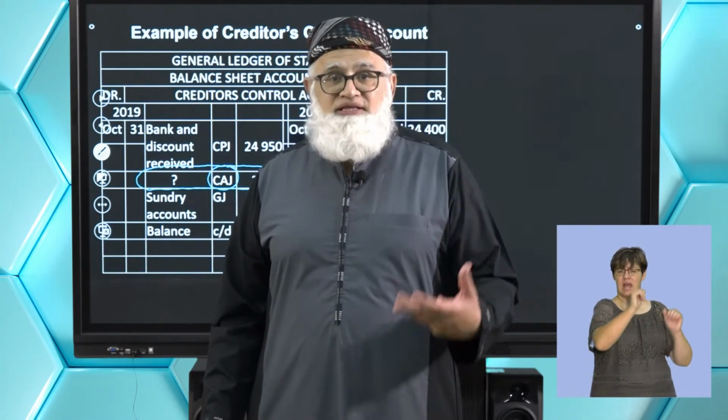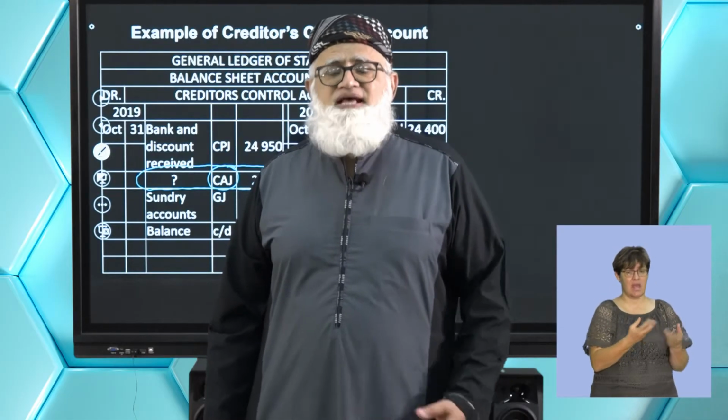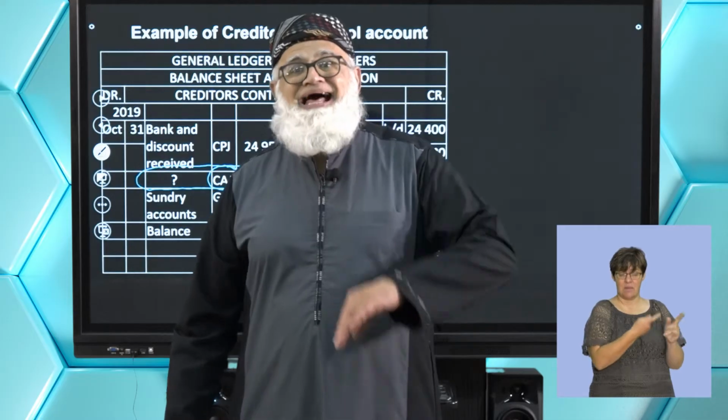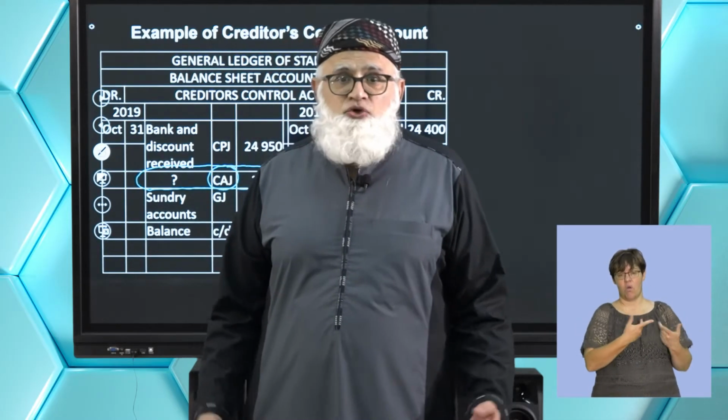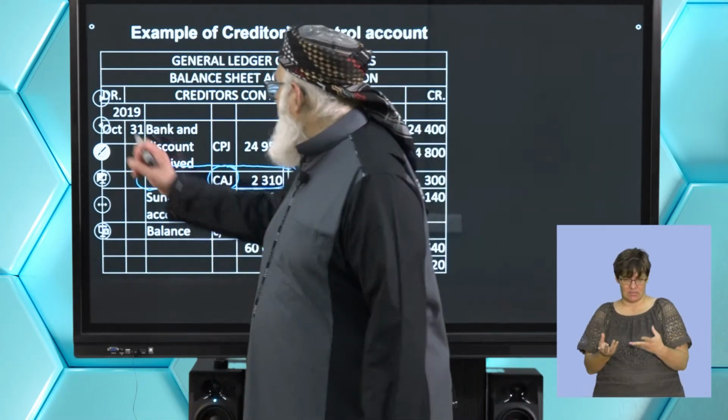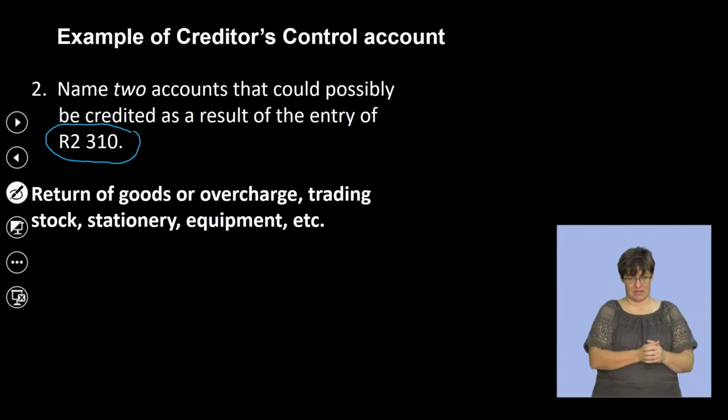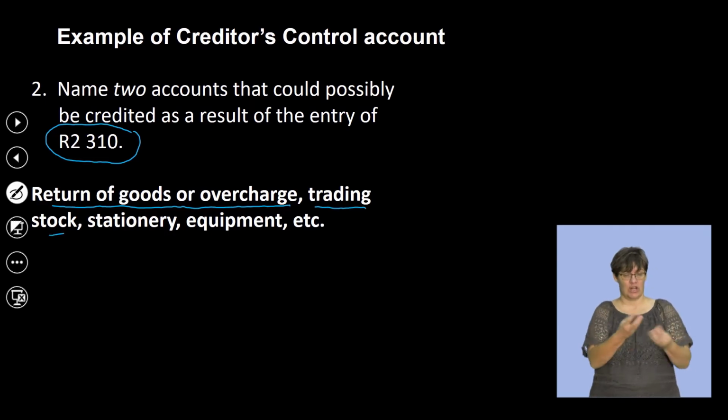Now, what is it that you enter into your creditors allowances journal? It could be the return of merchandise, the return of something that was bought on credit, or an allowance that was granted by a creditor for incorrect goods supplied. So clearly you can see it could be the return of goods or an overcharge, or we may be returning trading stock or stationery or equipment or whatever else.